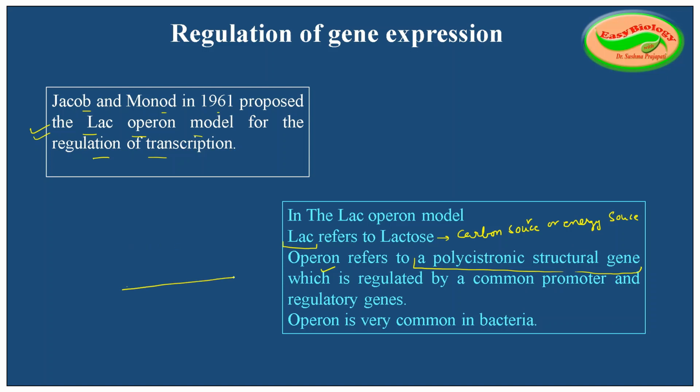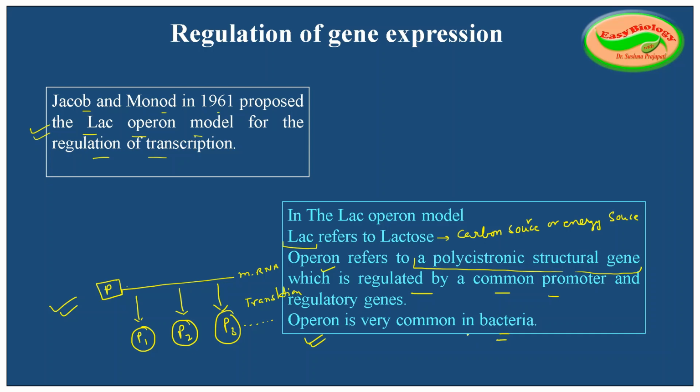It means there will be a single messenger RNA, and this messenger RNA will produce different types of products after translation: product number 1, product number 2, product number 3, etc. So these are the polycistronic structural genes, and these are regulated by a common promoter. This system is known as an operon, and operons are very common in bacteria. Clear?